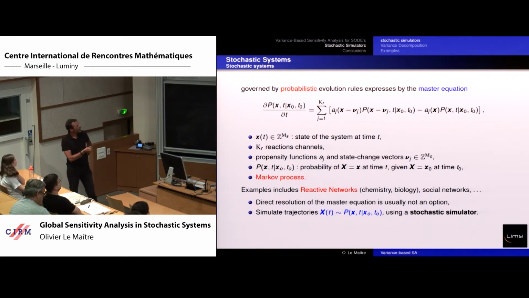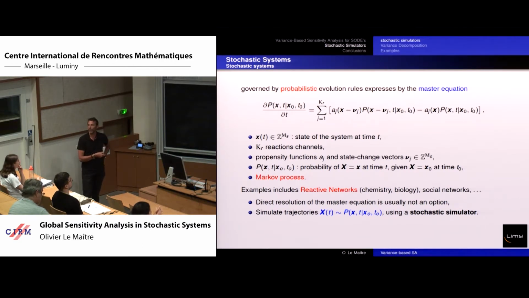Okay, so in our case, x will be on a lattice. It will typically represent a number of molecules in a certain system, molecules of different species. And this balance equation has a sum over k reaction channels. So there are k ways for the system to evolve. In a chemical system, you have k reactions.